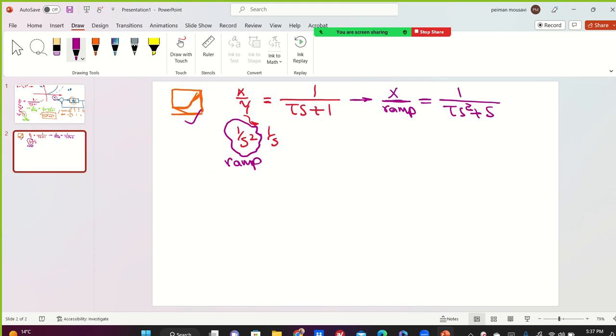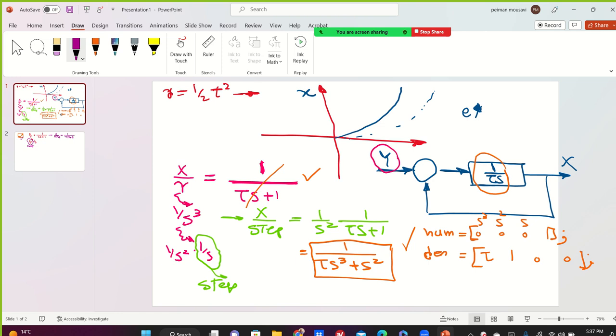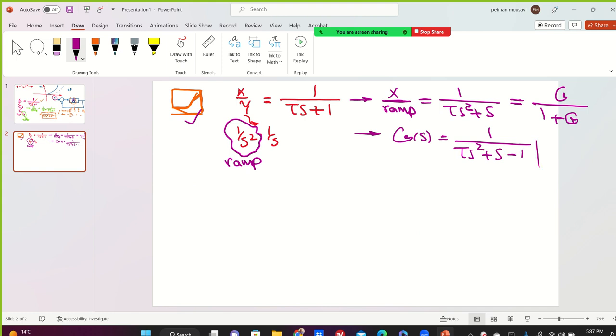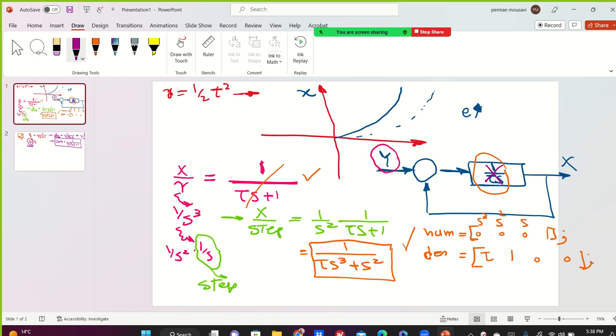So what we want to put in is the open loop transfer function, because you have to change this, right? How to do that? As I told you previously, for the unity feedback it is going to be G over 1 plus G. So if you work from here, G of s, the open loop transfer function, is going to be 1 over tau s squared plus s minus 1. Here we go. For the MATLAB coding, I'm going to go with the step command that we have with these.